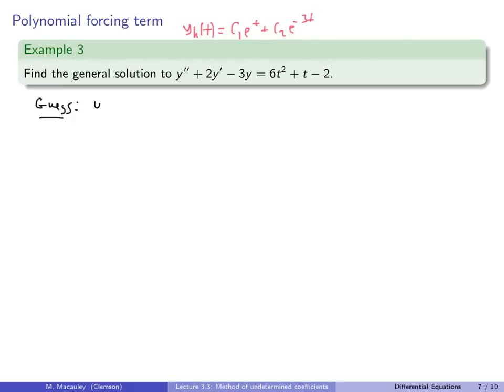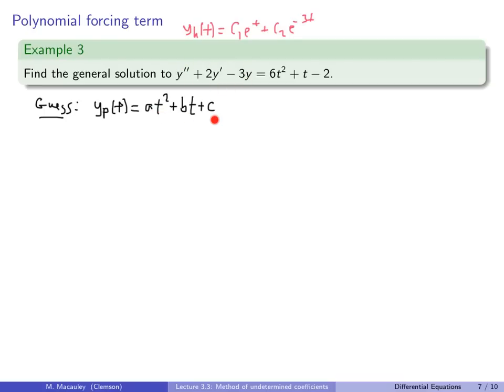So let's guess that the particular solution is at squared plus bt plus c. And the reason is that this is the same form as the right-hand side, and so if you plug this back into the left-hand side and collect terms, you're going to get a degree 2 polynomial: some number of t squareds, some number of t's, and some number of 1's.